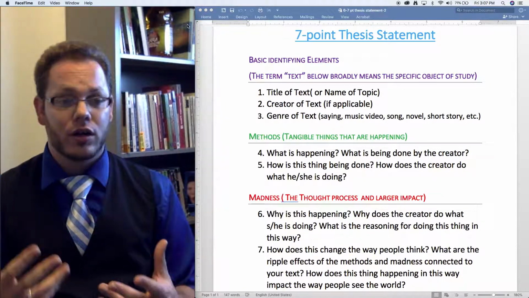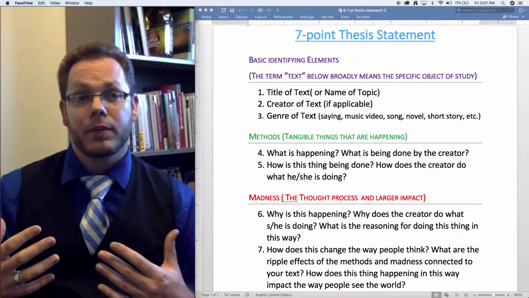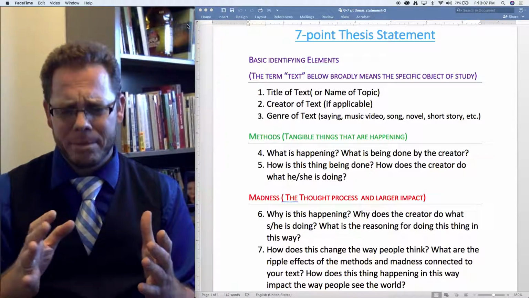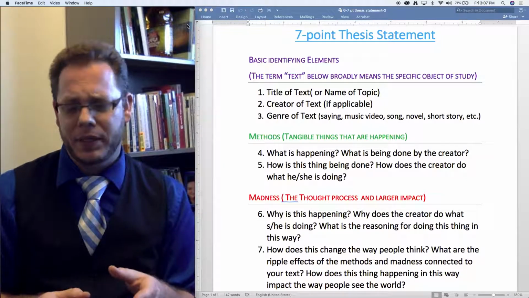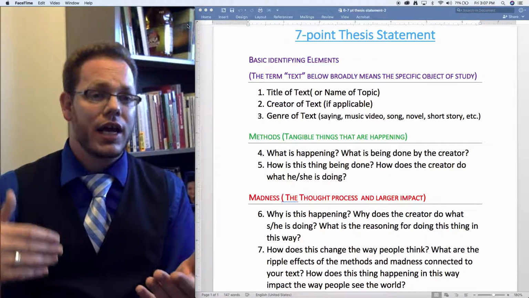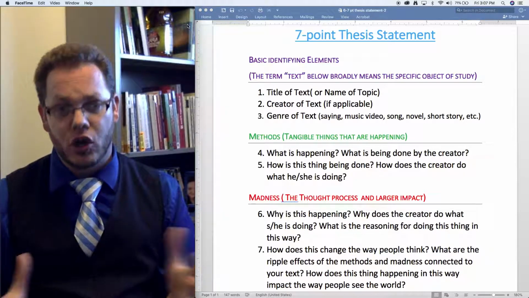Other times we are told that thesis statements should be deep, should be critical, should help us understand not just what's happening in a text or what you want to say about it, but why it matters and what kind of impact might be happening in the thing that you're talking about.